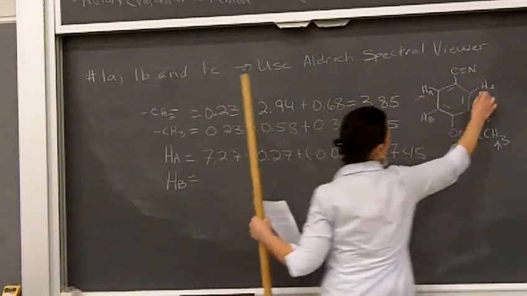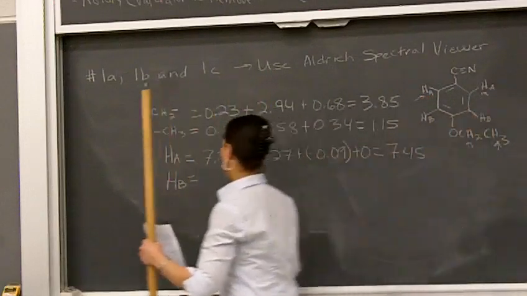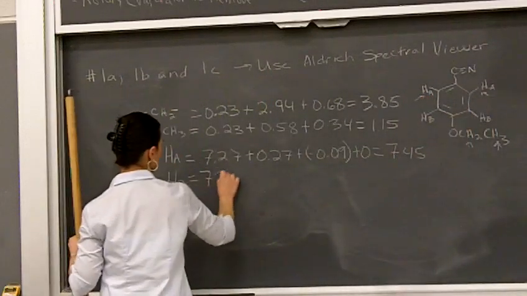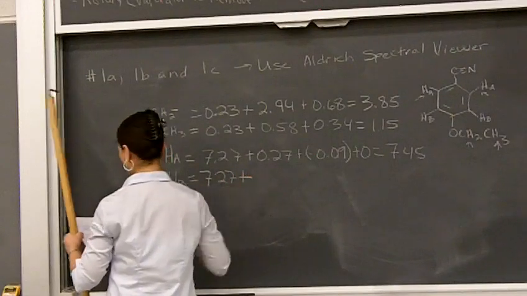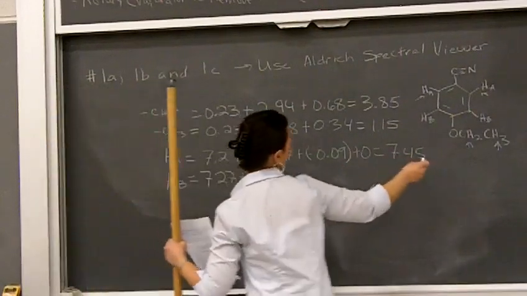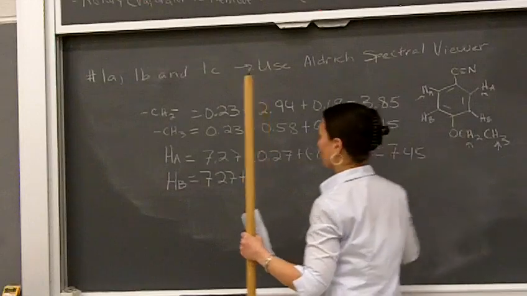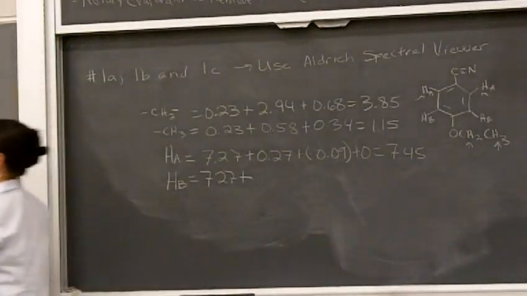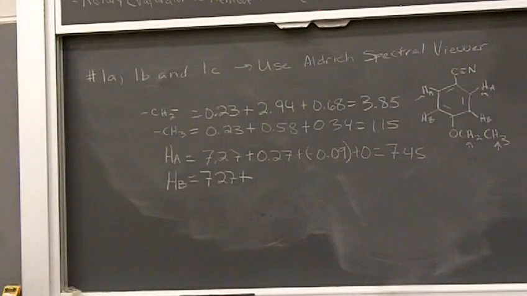for these protons. And then finally for HB, we've got 7.27 plus, with HB, ortho is the ethoxy group. So we are going to start with minus 0.43.